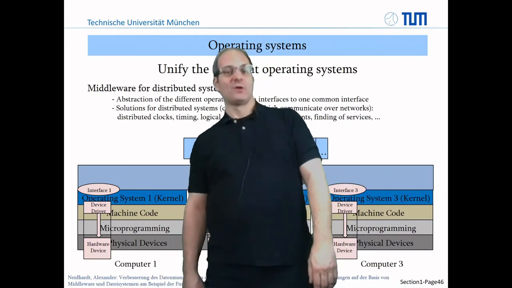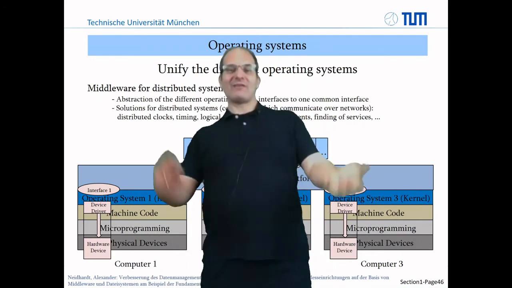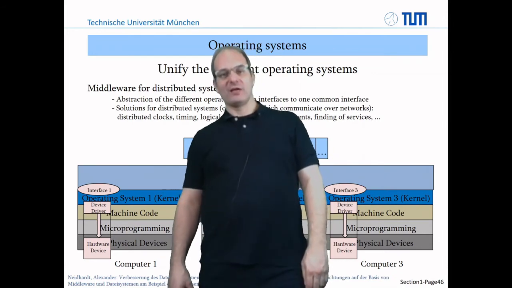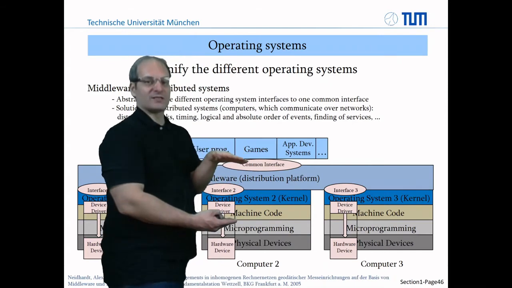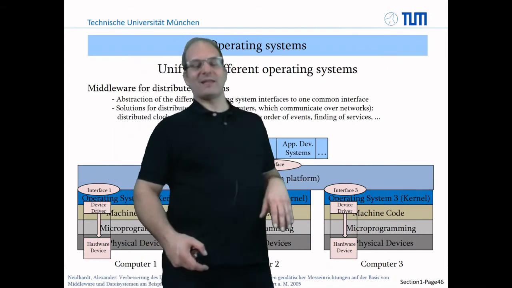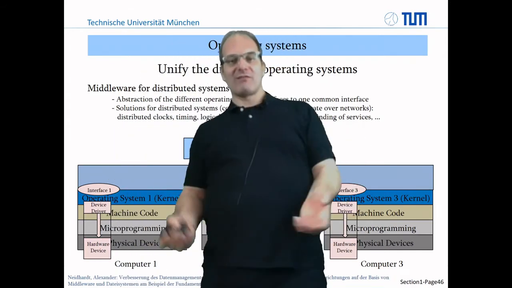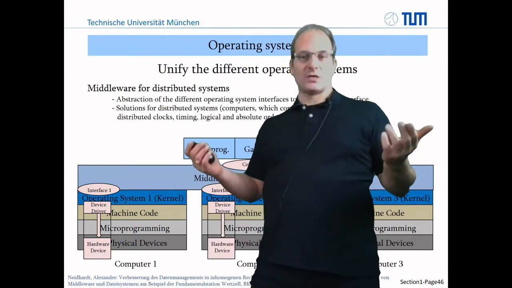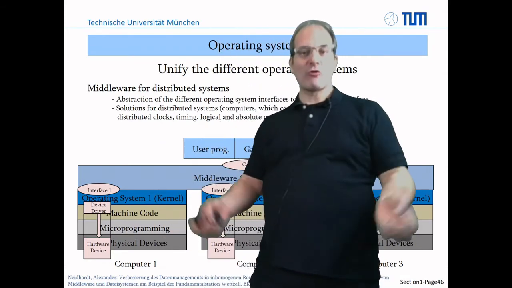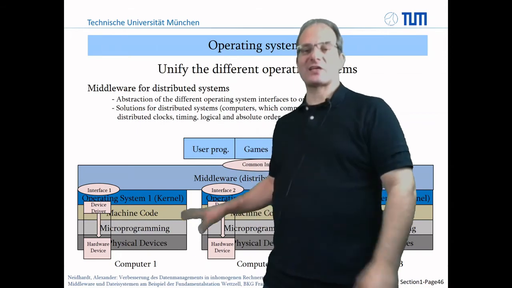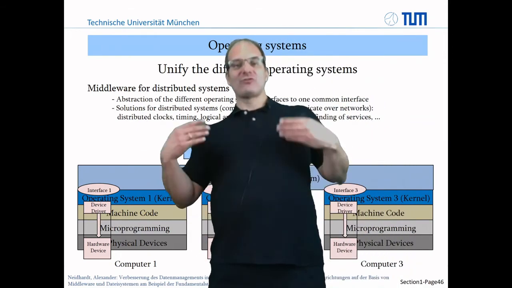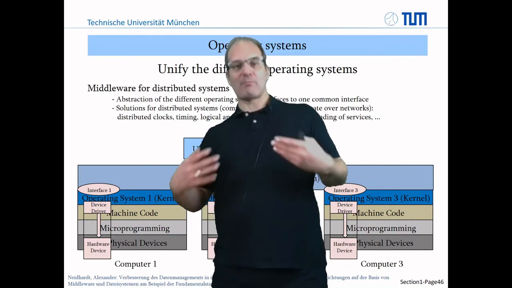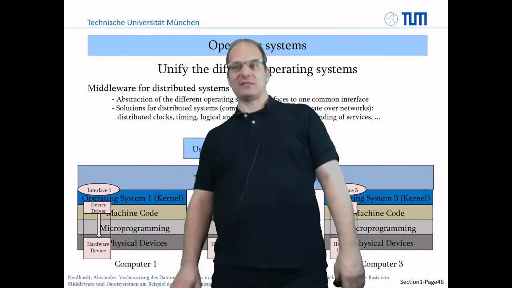Okay, so therefore we have to find another abstraction layer, and this abstraction layer is usually called a middleware, a distribution platform. And what you have with Java or modern higher level programming languages, you have such an abstraction layer so that you don't have to think anymore about your lower level things.